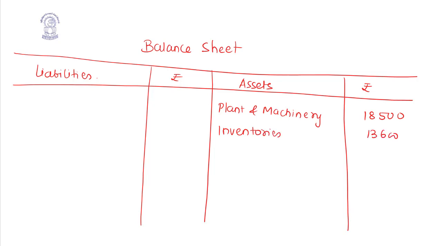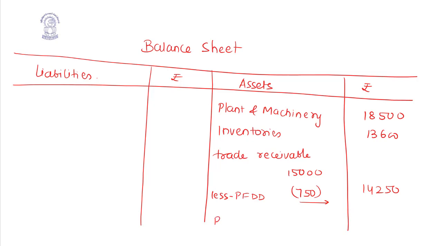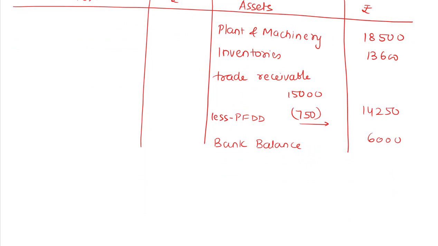Inventories 13,600. Trade receivable 15,000, less provision for doubtful debts 750, so 14,250. Bank balance 6,000, cash balance 500.